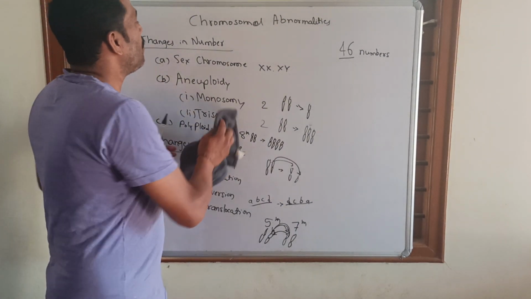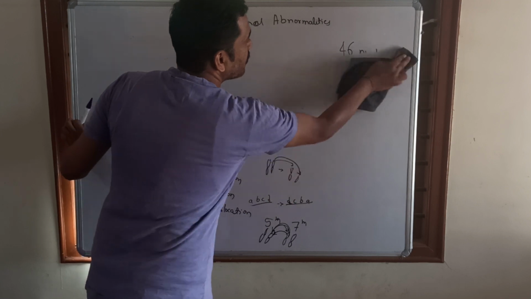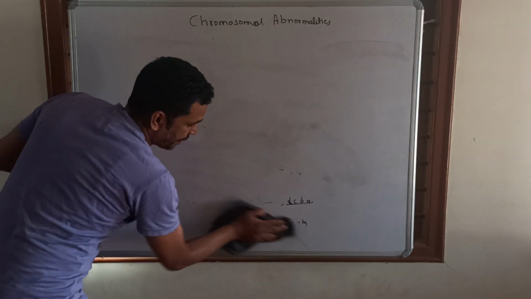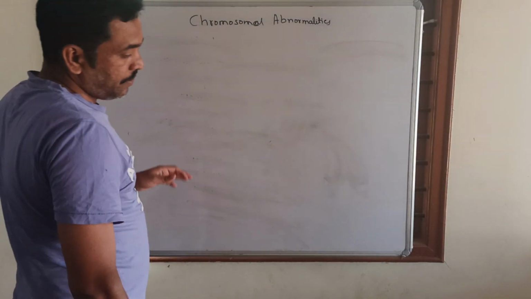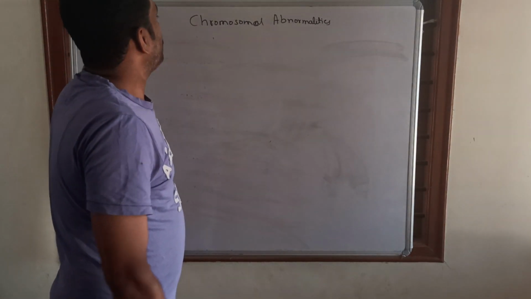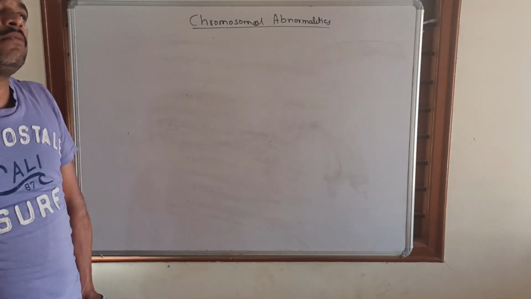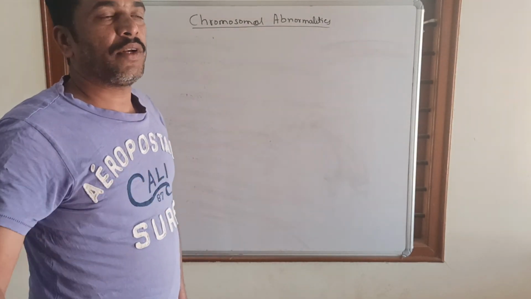Now we can look at what the reasons are for these chromosomal abnormalities. Look at the first one. The major reason is cell division. You have two kinds of cell division, mitosis and meiosis.